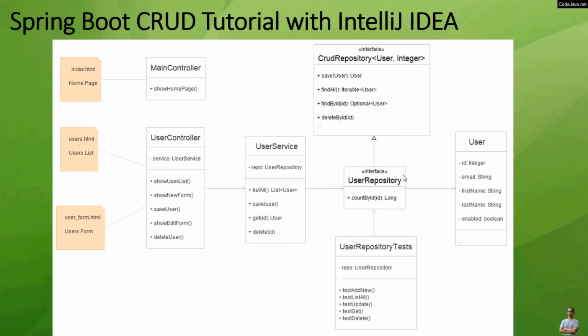So in Java code, we need to code a new service class in the service layer, user service, and implement the business method list all. And in the controller layer, we need to code the user controller class and implement the handler method show user list. And then we need to code the user listing page and update the home page.